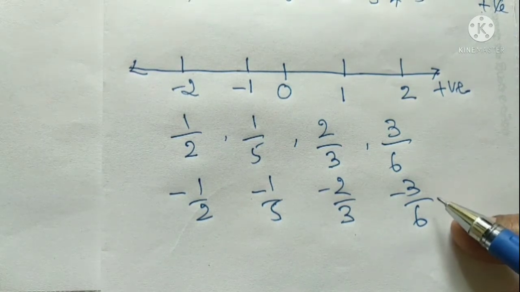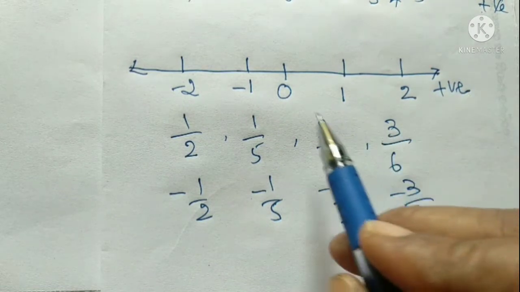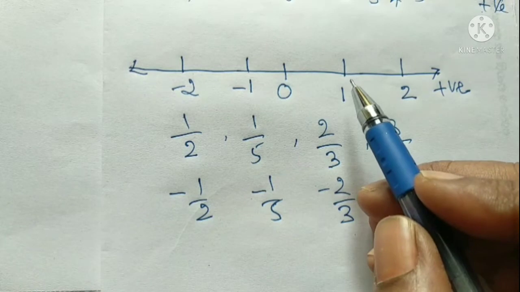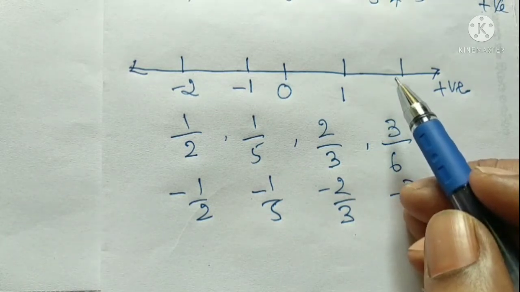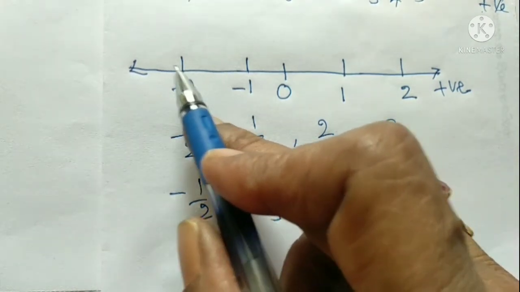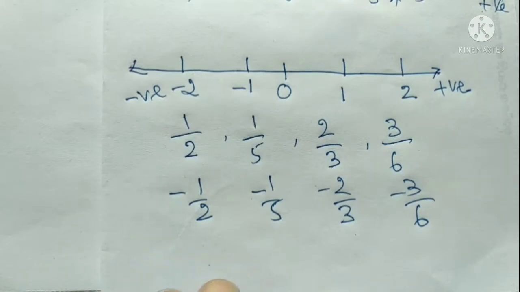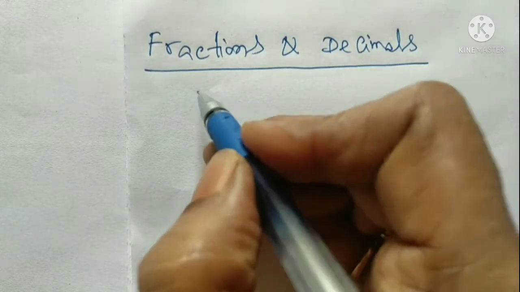These are to be indicated on the number line, and they may be between 0 and 1 or 1 and 2 on the positive side, or 0 and -1 or -1 and -2 and so on the negative side. Let us see what are fractions and decimals.